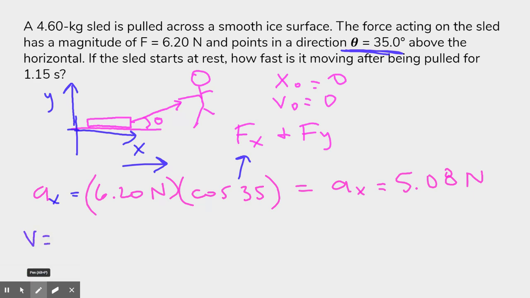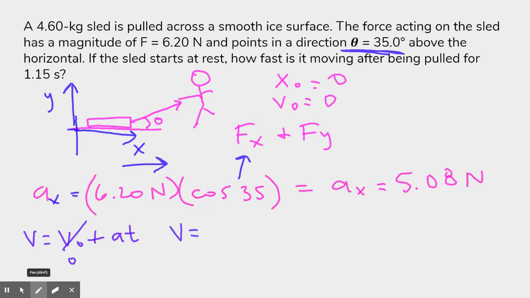And there are multiple ways you can solve these, but this is just the way I am choosing to solve it. I have selected the velocity is equal to the initial velocity plus acceleration multiplied by time. And I chose that because we are solving for how fast it's moving. So we want to know the final velocity. Well, it started from rest, so this goes away to 0.